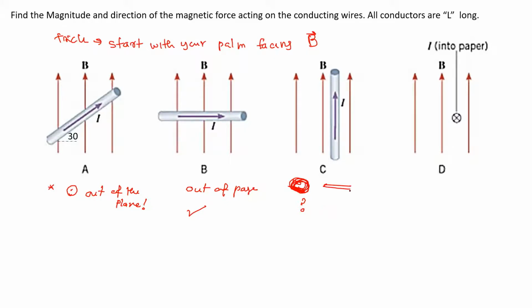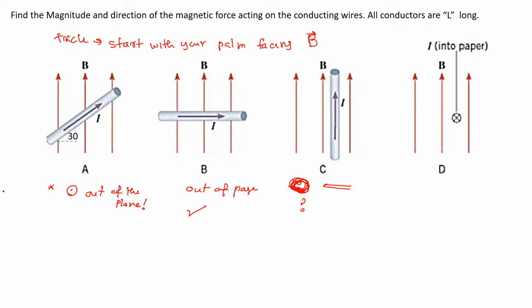So now let's go to the last one. What is the answer for the last one? So after we figure out the directions, we'll figure out the values. Yay. So you are getting the answer. Right. Yeah.